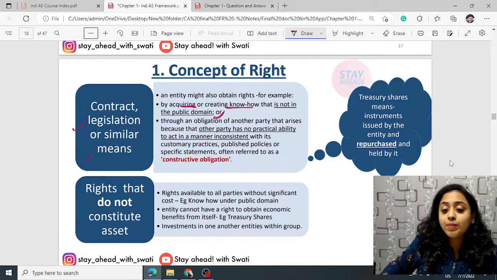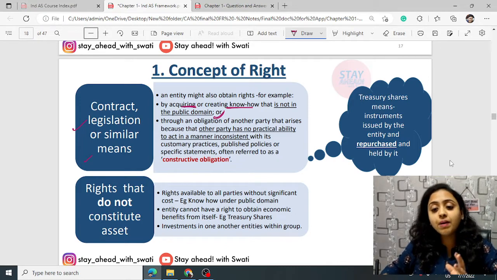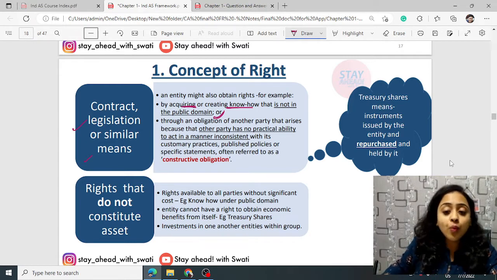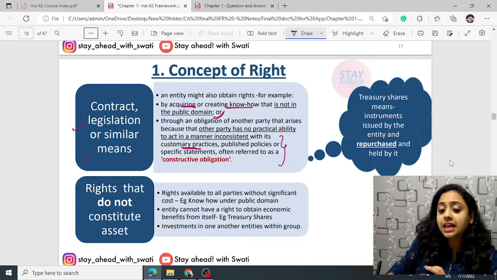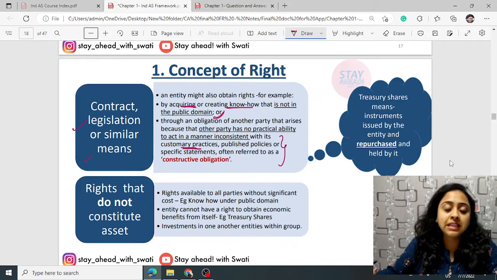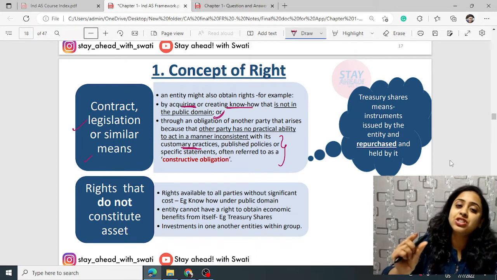Through an obligation of another party that arises because that other party has no practical ability to act in a manner inconsistent with its customary practices, published policies or specified statements. You have to learn this, okay? Customary practices means it is normal business practice that they carry on such action.